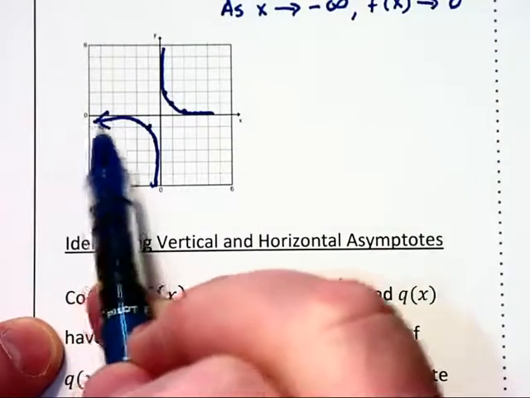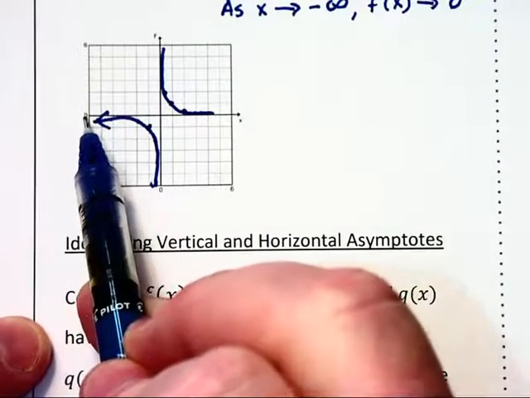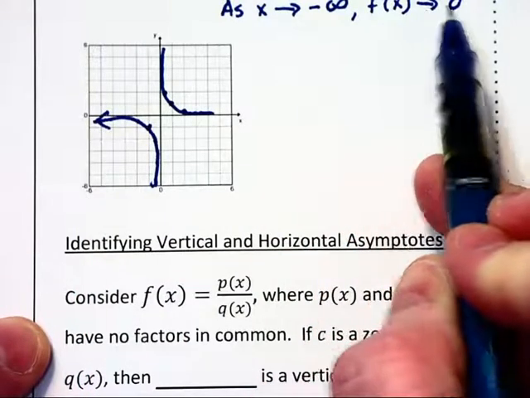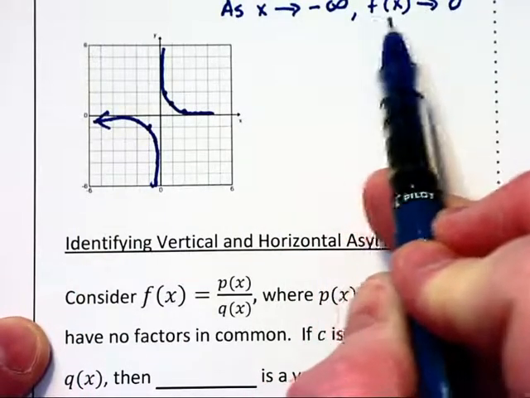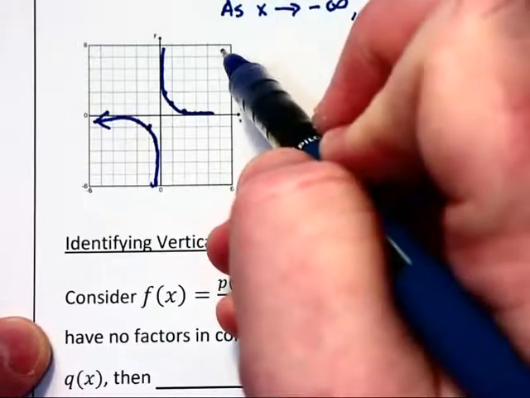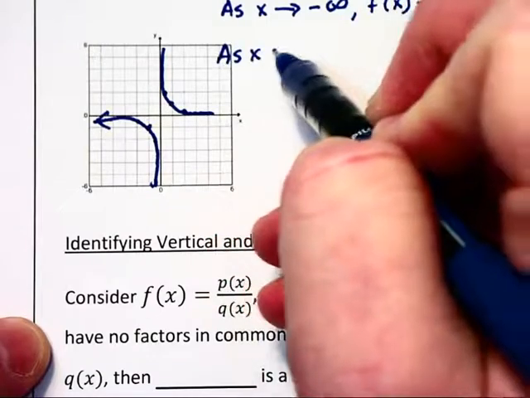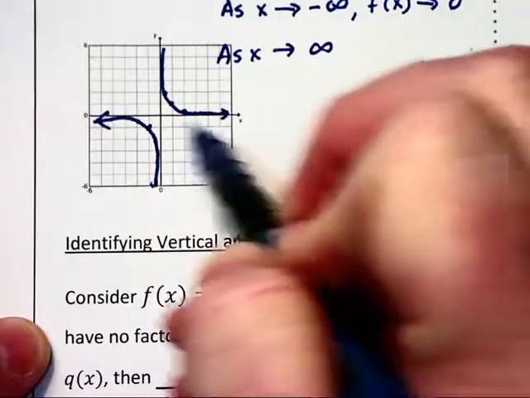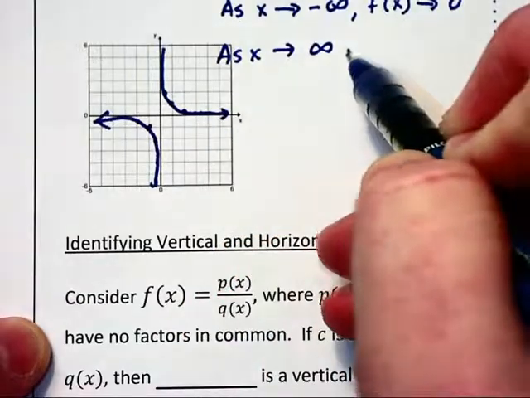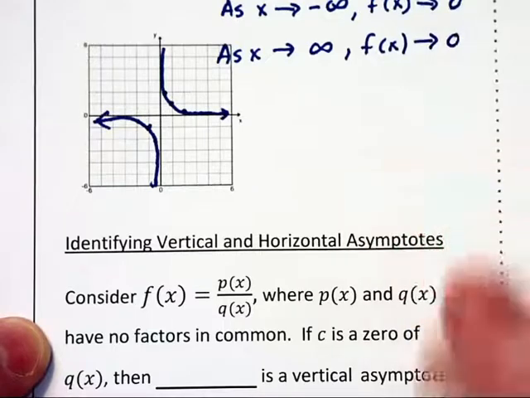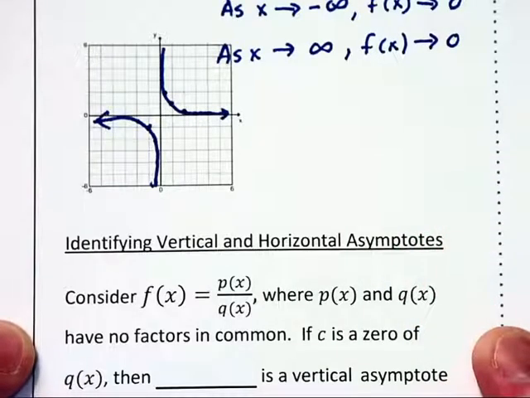Is it ever going to equal 0? Is it ever going to touch that x-axis? No. But the function is going to approach that value. The y value, f of x, can be replaced with y, approaches 0. As x goes towards positive infinity to the right, well, now the graph is also approaching 0 from above, and so f of x is again approaching 0. Okay, that's the end behavior.